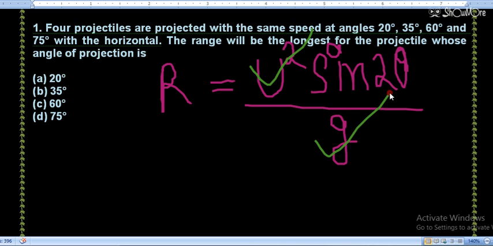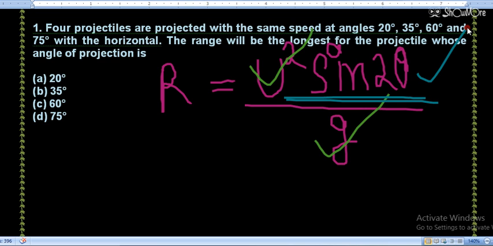So that means the range of projectile now depends on this sine 2 theta value.